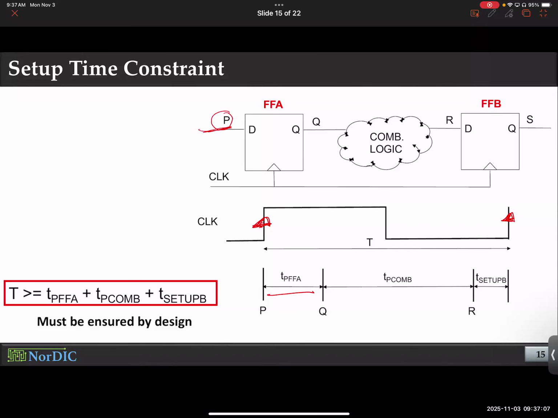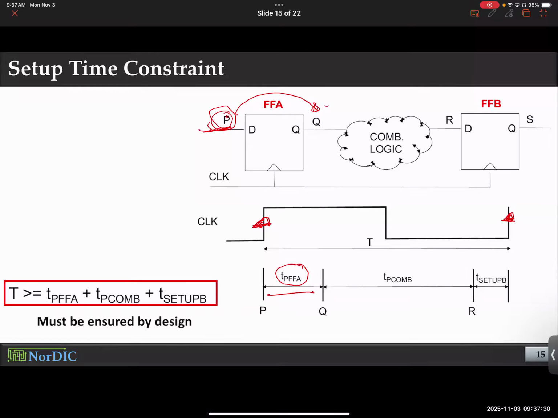Imagine you have data at node P. This input will go to output Q, right? To go from P to Q, you have a delay. What is the delay called? Clock to Q delay. Or, as I told you, it could also be represented as the propagation delay, TP for flip-flop A. I hope you can now understand the meaning of these terms.